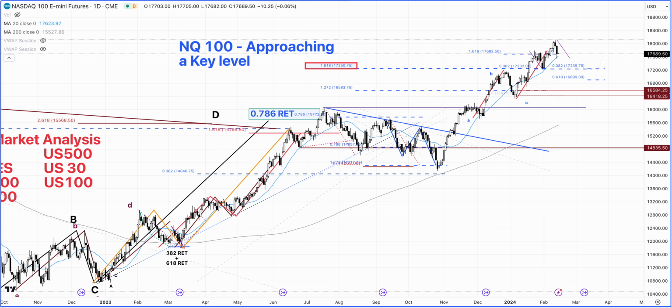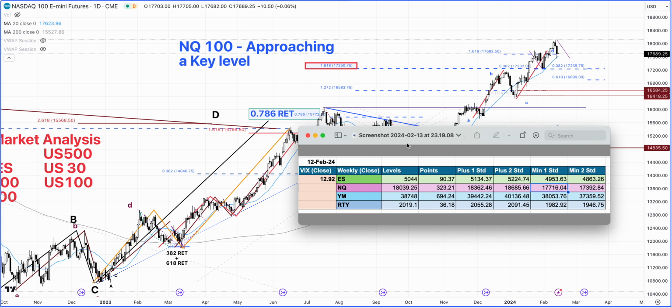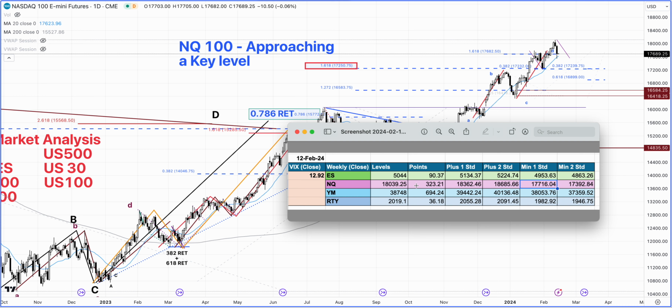Let's bring up the standard deviation levels. What we were watching for was a 323-point move from last Friday's close. The -1 standard deviation is 17,716 and the -2 standard deviation is 17,392.